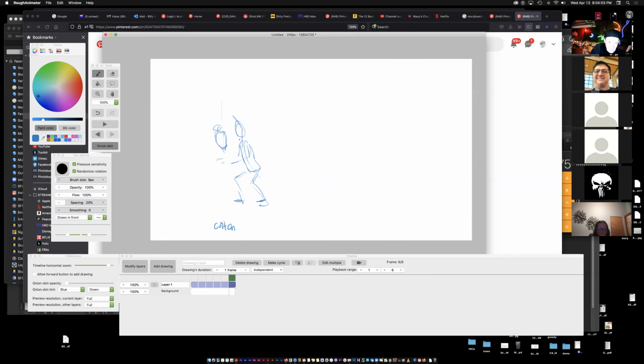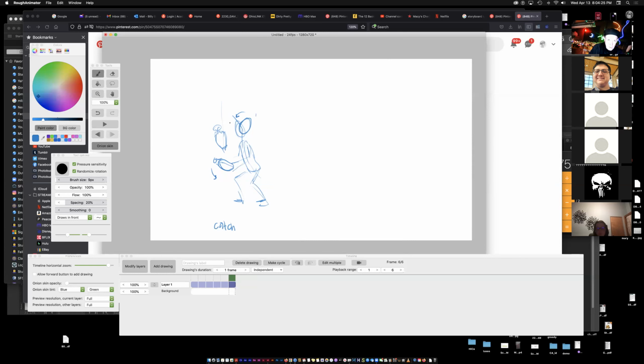In this instant here, it might make more sense if the character was looking up and then following the vase down to catch it. Once they catch this vase, the arms are going to come down. It's going to take the weight of that vase. So we've got a bunch of different poses.